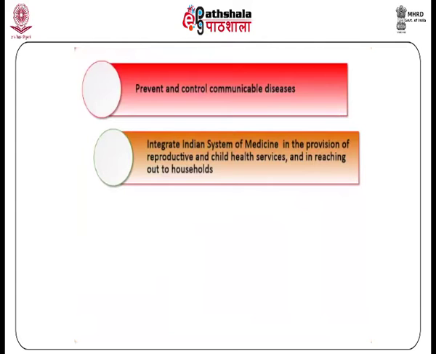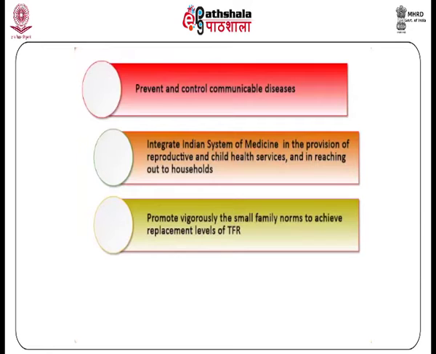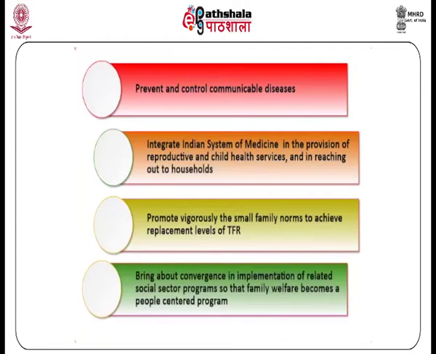Integrate the Indian system of medicine in the provision of reproductive and child health services and in reaching out to households. Promote vigorously the small family norm to achieve replacement levels of TFR. Bring about convergence in implementation of related social sector programs so that family welfare becomes a people-centered program.